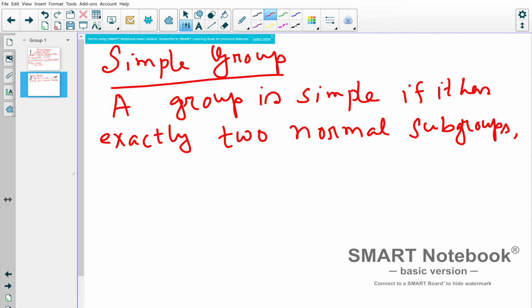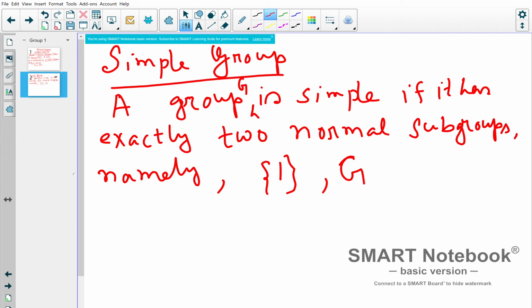Namely, the trivial group, containing only the identity, and the full group. So a group G is called simple if it has only two normal subgroups. Other than that, there cannot be any normal subgroups in between these two trivial normal subgroups.